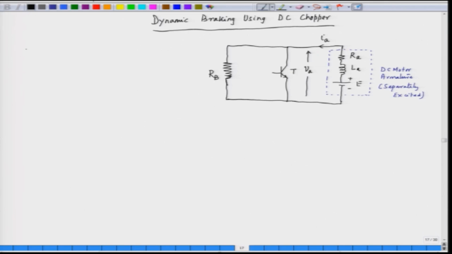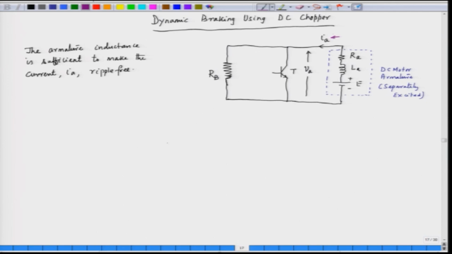What we assume here is that the armature inductance is sufficient to make the current IA ripple free. So, this current IA is almost ripple free, which is almost a DC current.